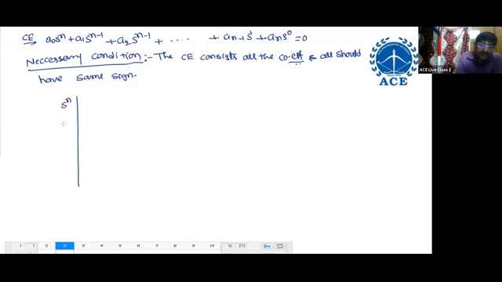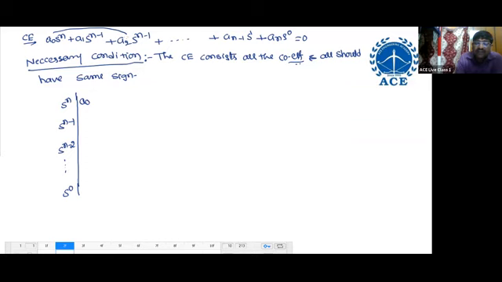Now write the Routh tabular form. S power n, S power n minus 1, S power n minus 2, and so on, S power 0. For S power n, the coefficient is A0. You have to take alternate coefficients.